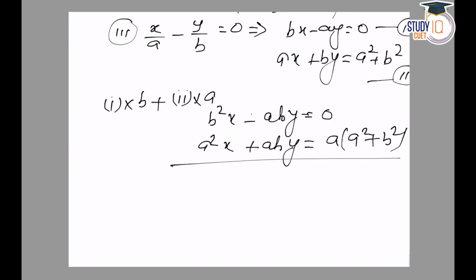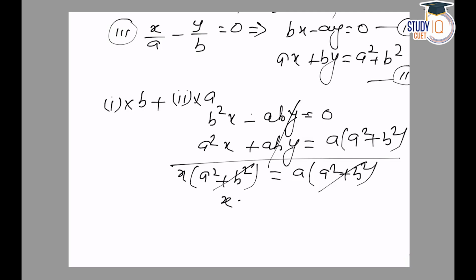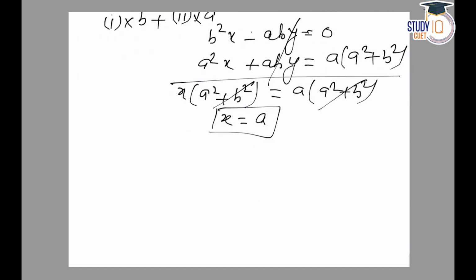So y will be cancelled out, and x into a square plus b square equals a into a square plus b square. So a square plus b square cancelled out, so x equals a. Now put the value of x in any one equation to solve for y, so we get y equals b. That is the answer.